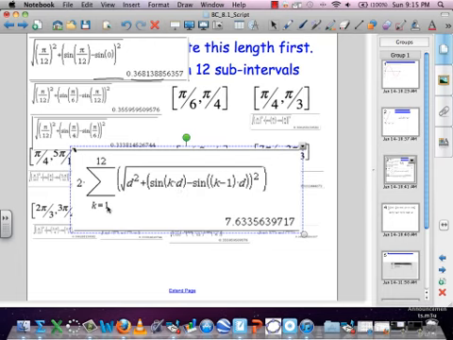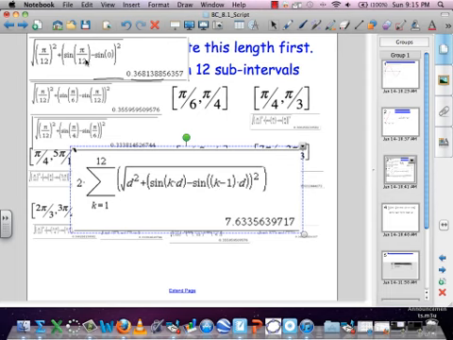So remember, my counter starts at 1, ends at 12, minus the sine of my counter minus 1 times delta x, squared. So for loop 1, that would be sine of 1 delta x minus sine of 0.